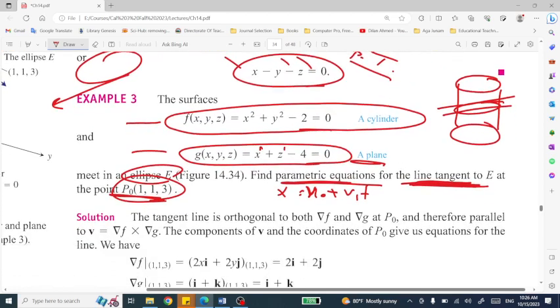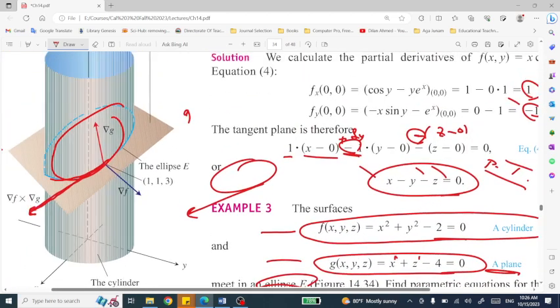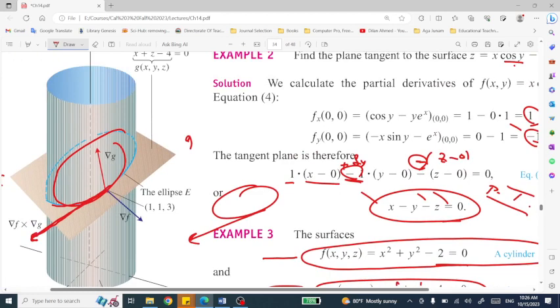The tangent line is orthogonal to both. The grad of F is orthogonal to the cylinder, the grad of G is orthogonal to the plane, so the tangent line is parallel to both surfaces.